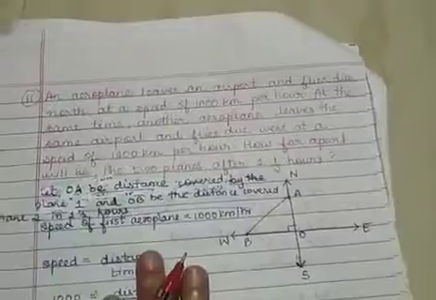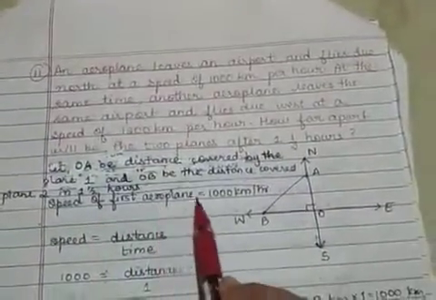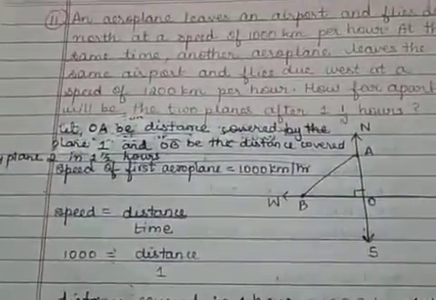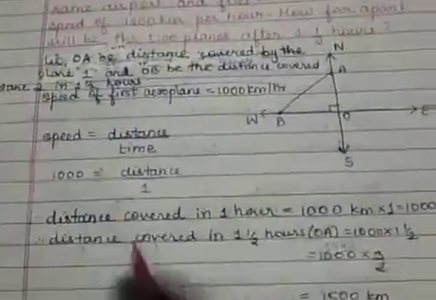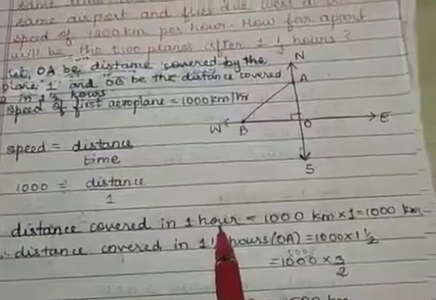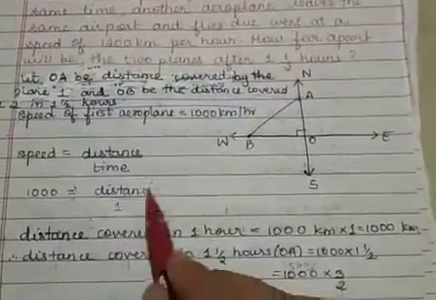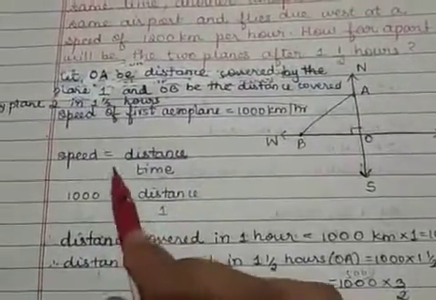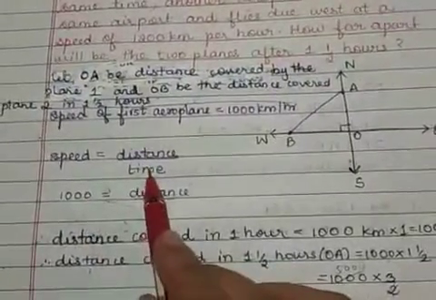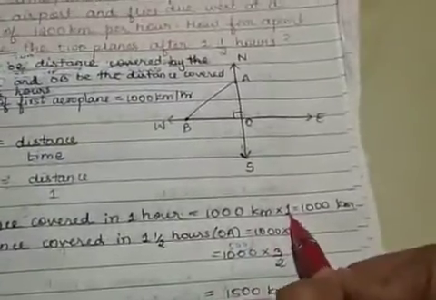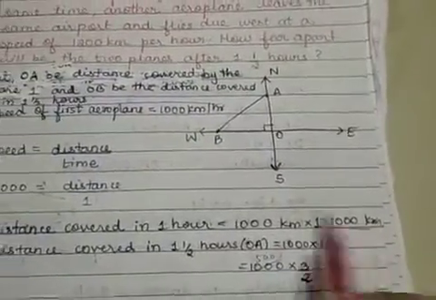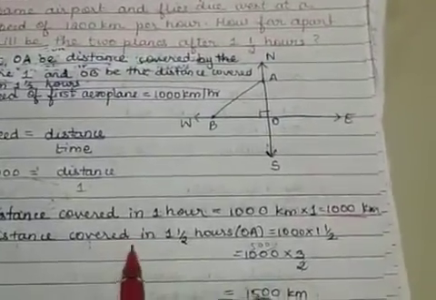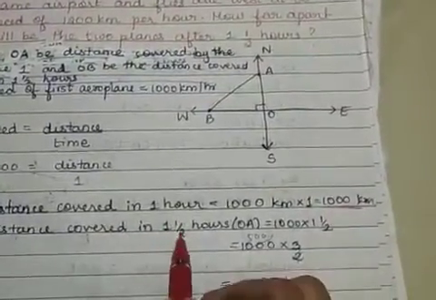Here what is given is the speed of the first aeroplane, 1000 kilometers per hour. Speed, you know, is distance upon time. So distance is speed multiplied by time. It is 1000 multiplied by 1, which is 1000 kilometers. So in 1 hour it covers 1000 kilometers. Then what will be the distance covered in 1.5 hours?